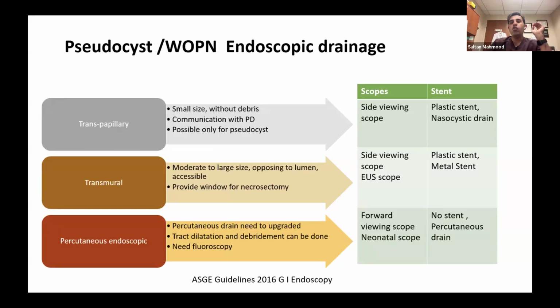It provides a window for accessing the collection to do necrosectomies, and this has become the mainstay of how we manage these collections. Sometimes we can also use the percutaneous access provided by interventional radiology and use that drain to go in with our endoscope and do necrosectomy, debridement, or whatever needs to be done.